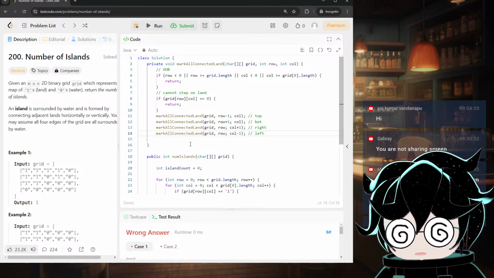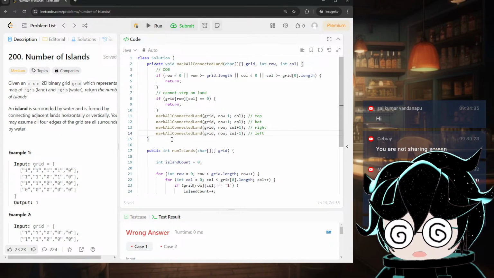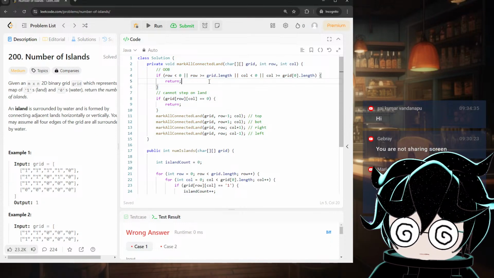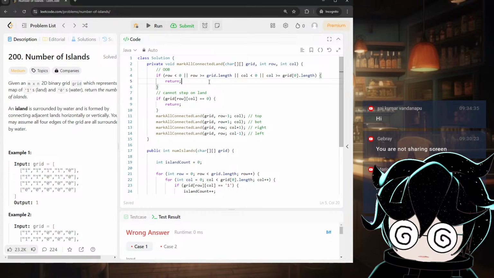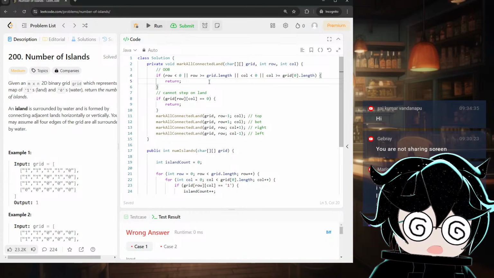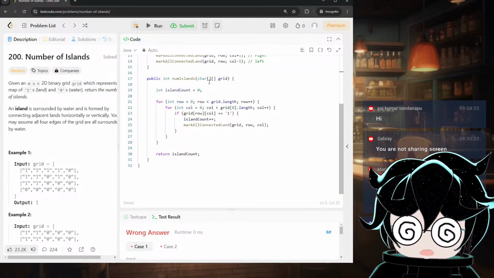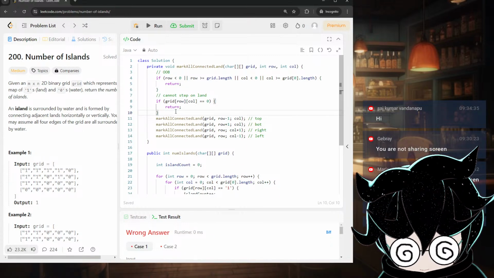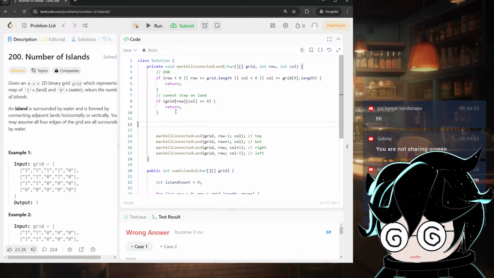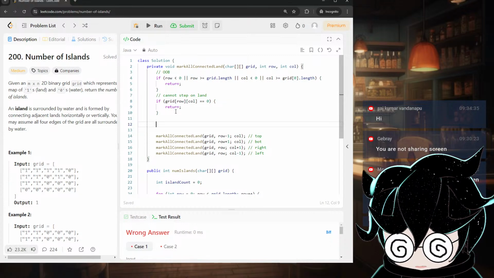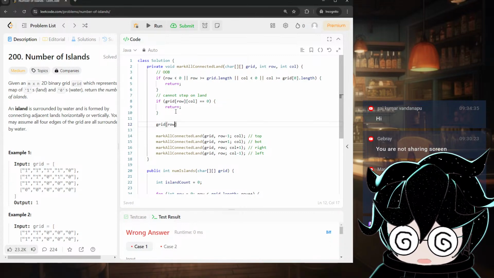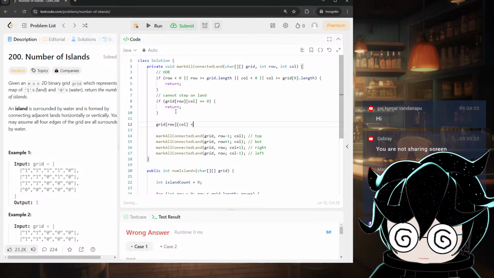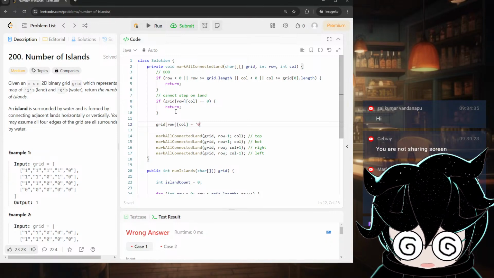I feel like this is it. Am I tripping? Am I underthinking this? Oh. Yeah, I'm underthinking this. I never marked any of the land as visited. So grid, row, column is equal to 0, or set it to 0.